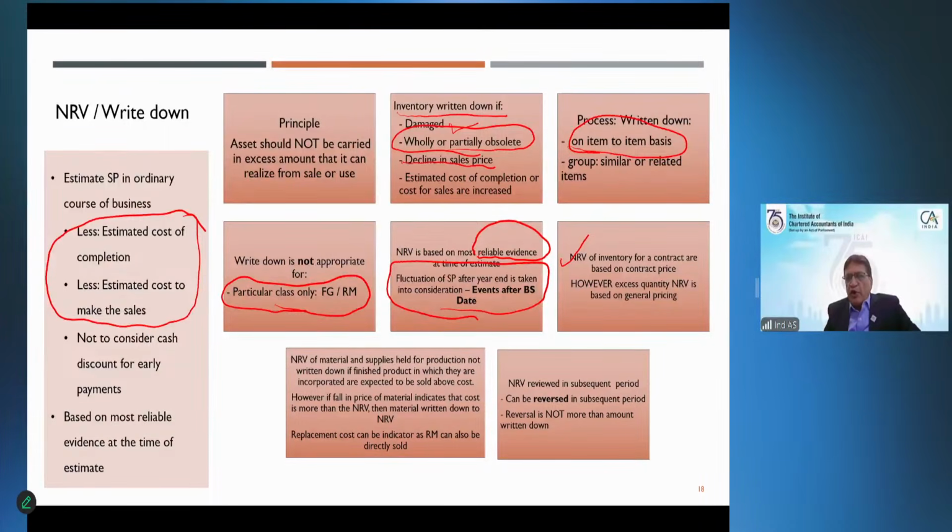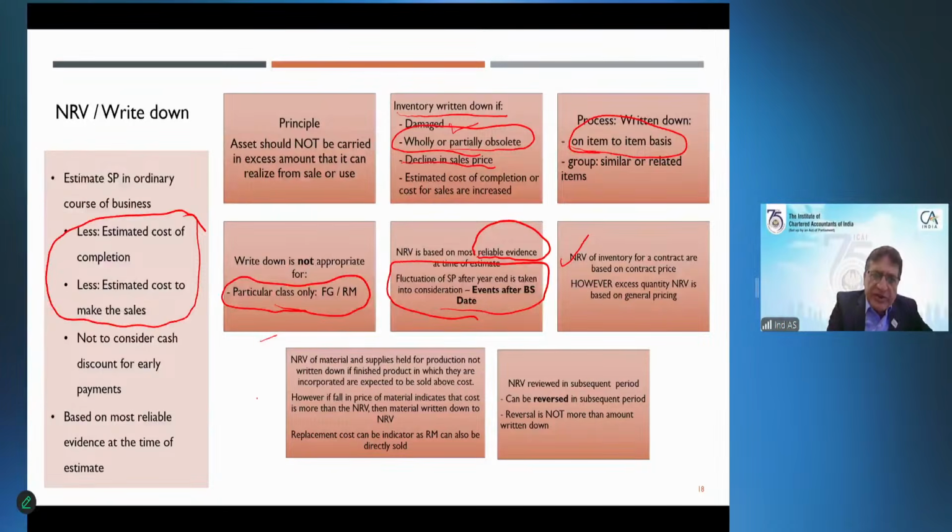So whatever the contractual price is, that would be the price on which the NRV has to be tested. Suppose the pricing goes down, but that contracted price would remain the same. So in such cases, the contracted price becomes the base for doing the NRV testing.